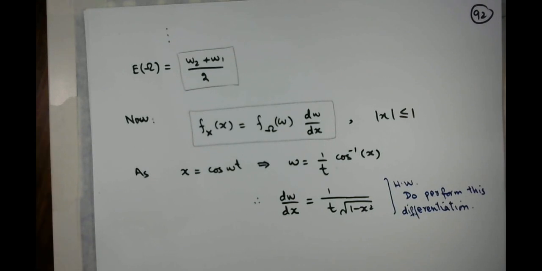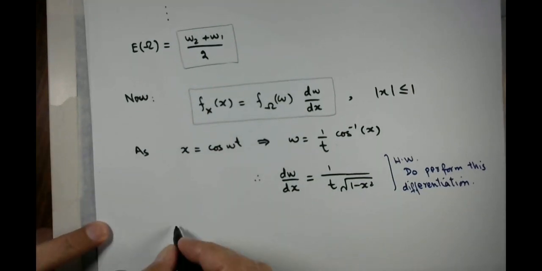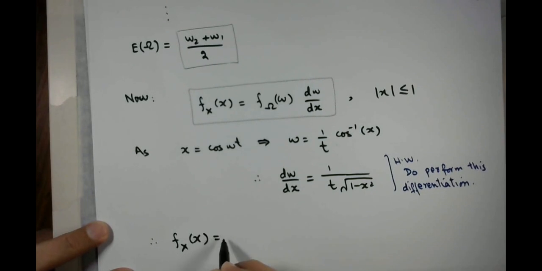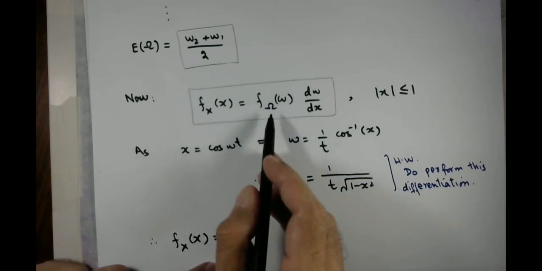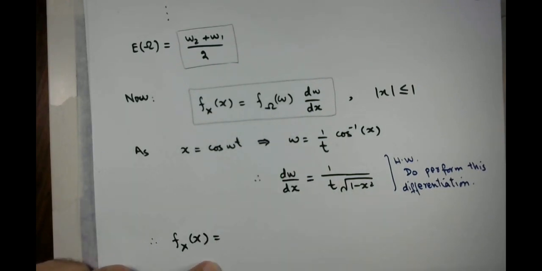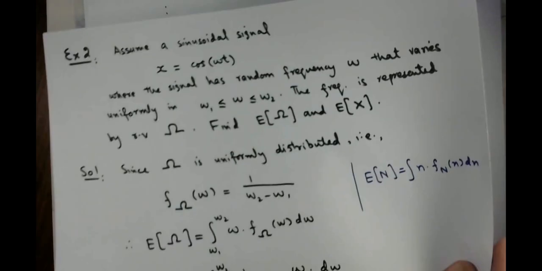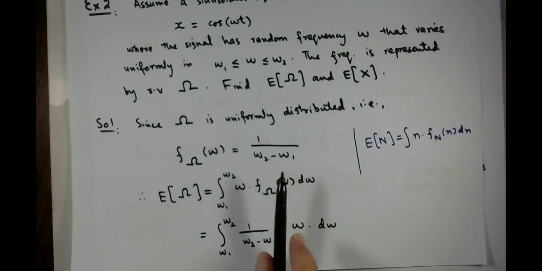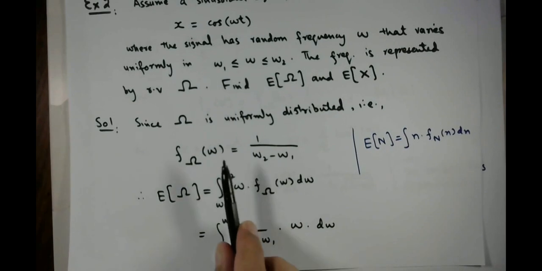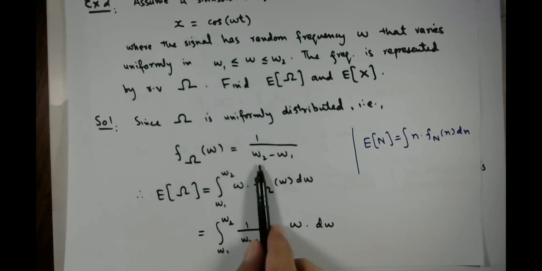So our equation now becomes f sub x of x is equal to f sub omega of omega, which is nothing but a uniform distribution between omega 1 and omega 2. So f sub omega of omega is nothing but 1 over (omega 2 minus omega 1).